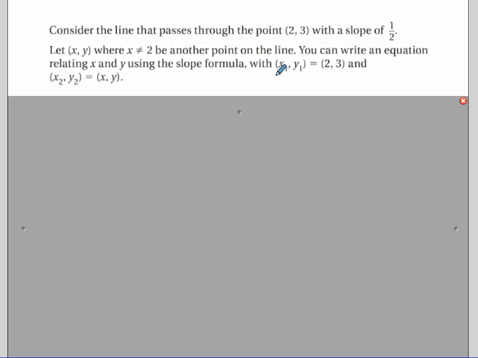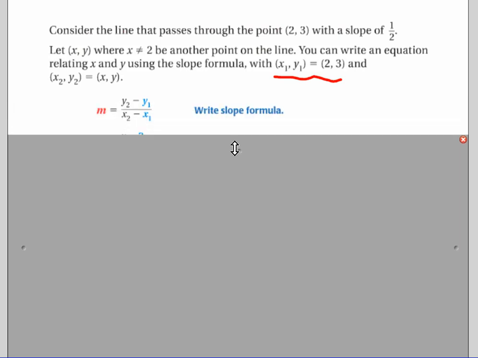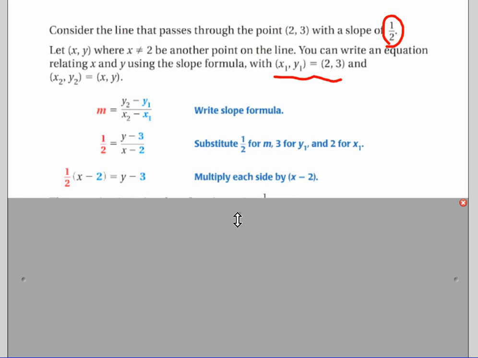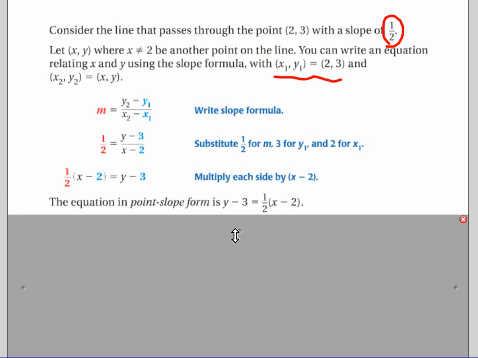I have a point x1, y1, which is 2, 3, okay? So I have this information, and I'm going to plug it into my point-slope formula. I know what my slope is because it's given to me right here. It's 1/2, okay? And I'm going to plug that information right into this equation.